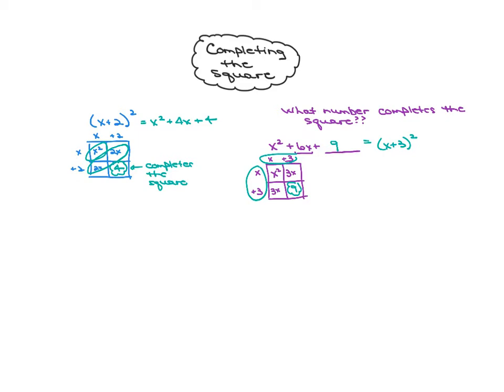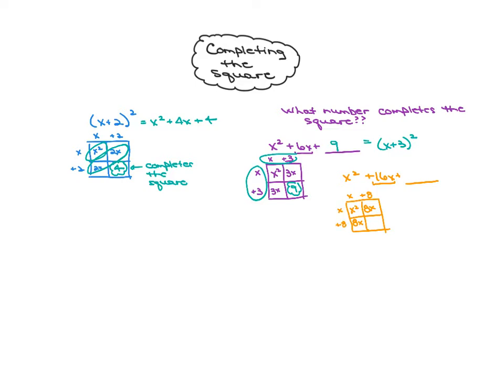All right, let's try another one. I have x squared plus 16x. What would I need to add to complete the square? And again, I think the area model gives us a great visual. We have x squared. I need to take the 16x and split it in half, an 8x there and an 8x there. So I know the sides of my square are x plus 8, x plus 8.